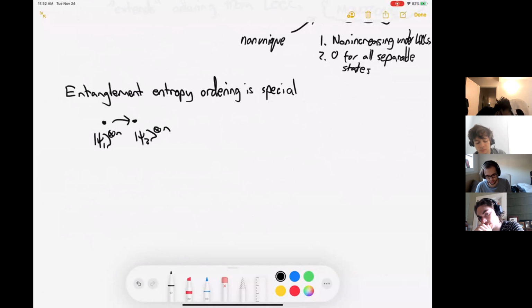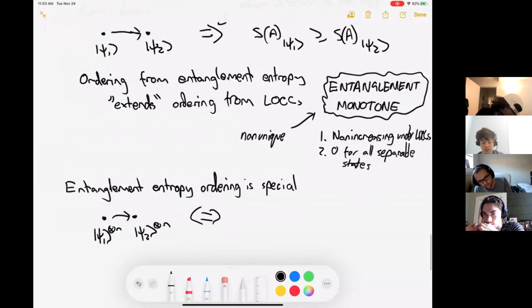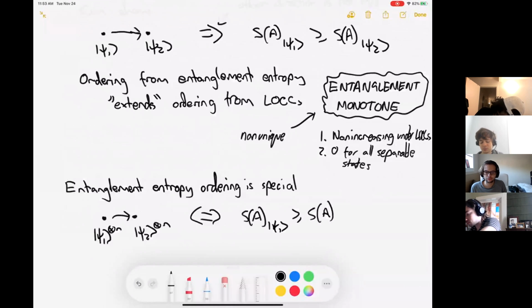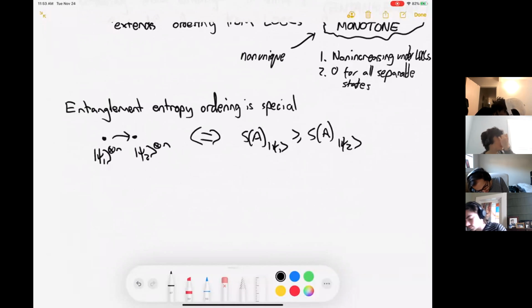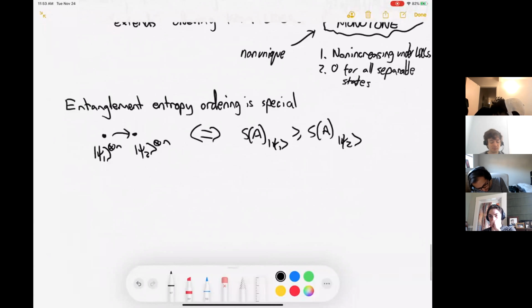Turns out that in the limit of large n, with some appropriate definitions or approximations, that is actually equivalent to the entanglement entropy of psi1 being greater than or equal to the entanglement entropy of psi2. Okay, so that's why entanglement entropy does have some sort of operational preferred definition, but it's only the most natural best answer if you have this large number of copies of the same state.